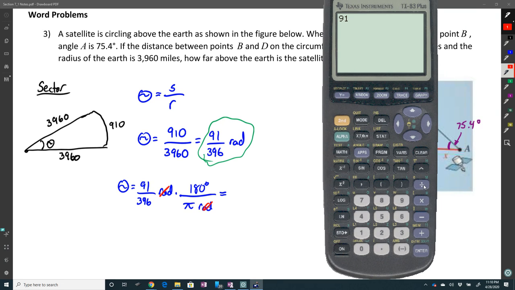So 91 over 396 times, you know what? Let me make it 91, put it in parentheses. 91 over 396 times 180 over pi. When you do pi, don't do 3.14. Actually use the pi in your calculator. For the TIs, it's second caret.